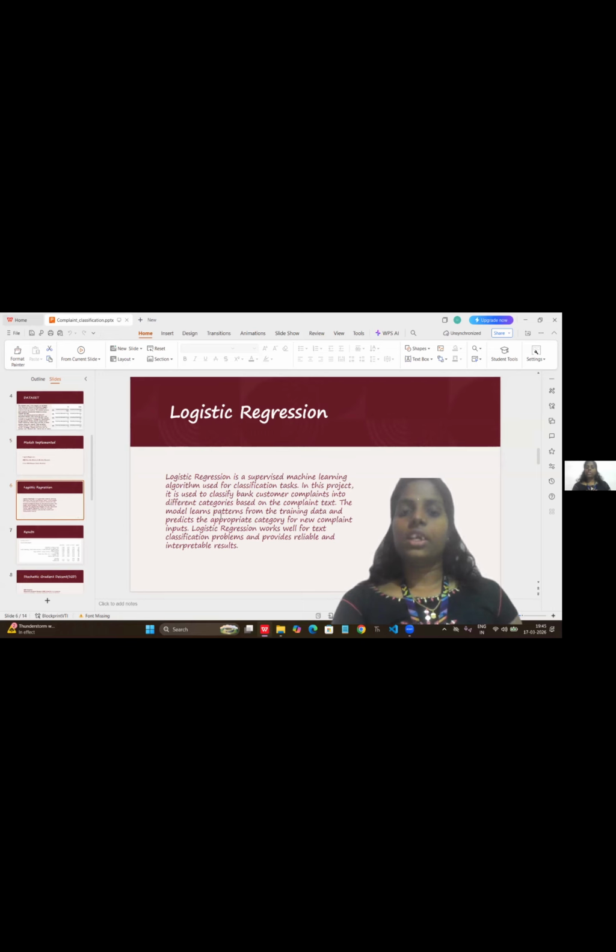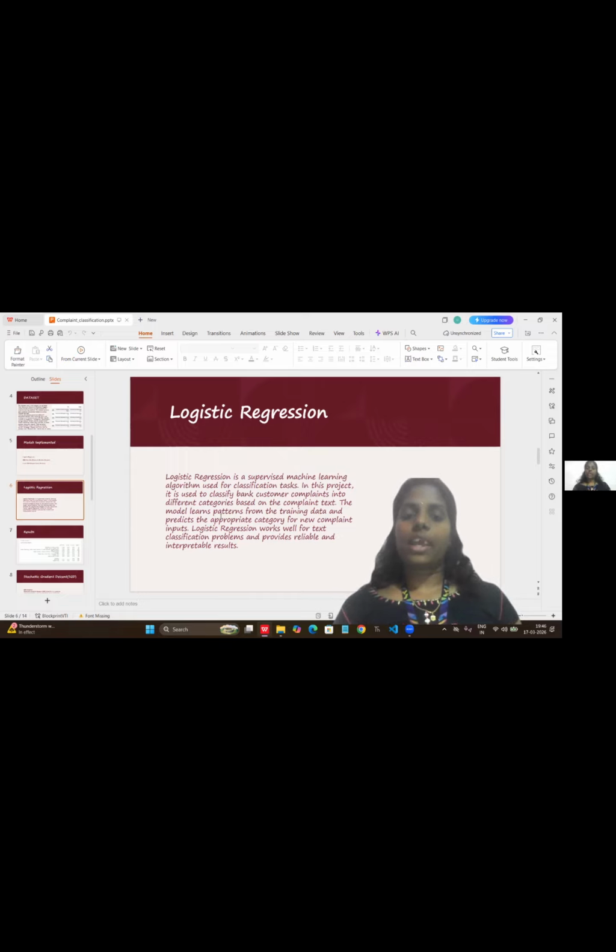In our project, it is used to classify customer complaints into different categories based on the complaint text provided by customers. Before applying logistic regression, the complaint text is converted into numerical features using TF-IDF vectorization. This helps the model understand the importance of different words in the complaint.